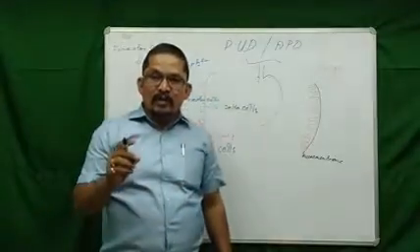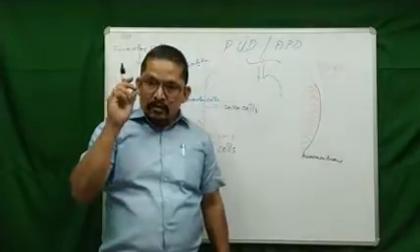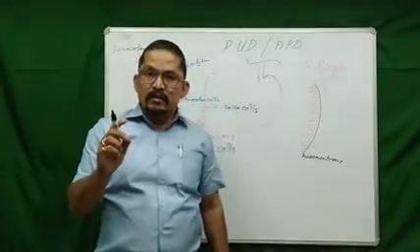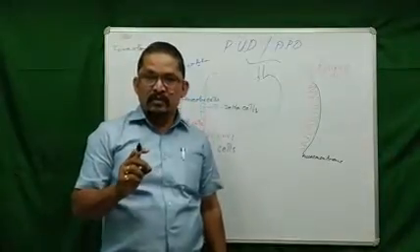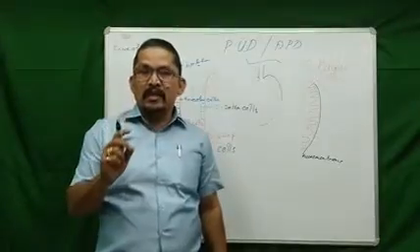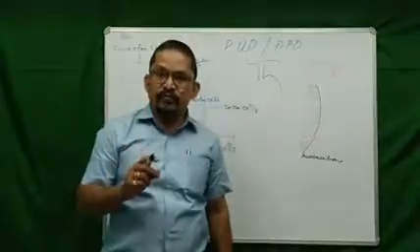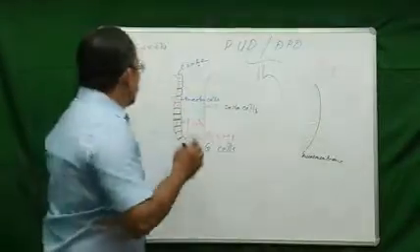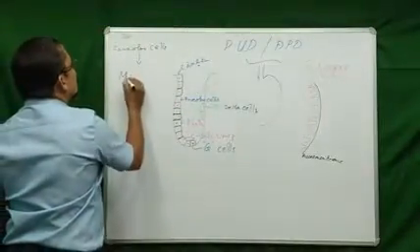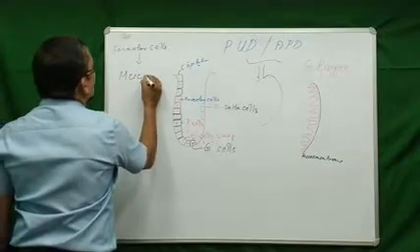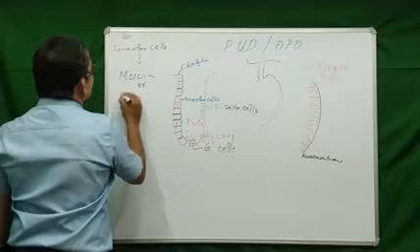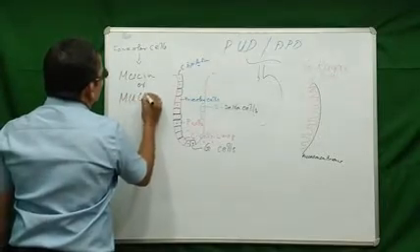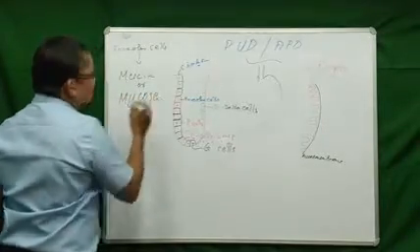These foveolar cells are specially responsible for the synthesis and secretion of mucin, or mucus.